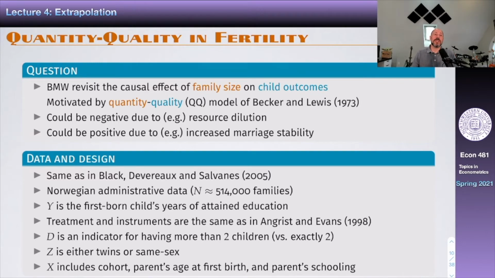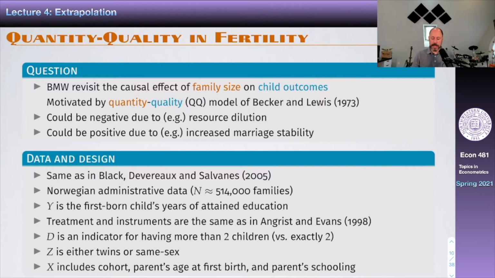But it could be positive because, here I wrote marriage stability, which I'm not sure about, also finding the other way around, but you can say that there's also support from siblings and other things. So this is clearly one of those cases in which you can find effects one way or the other.